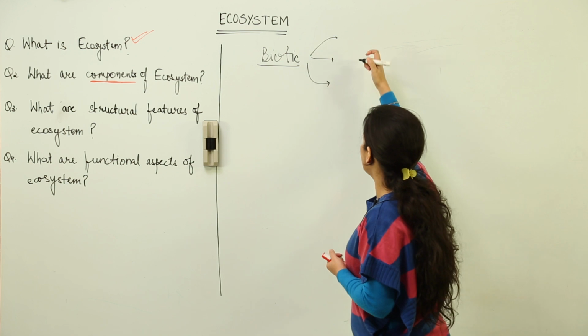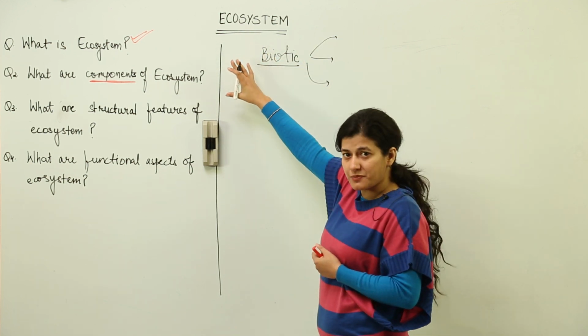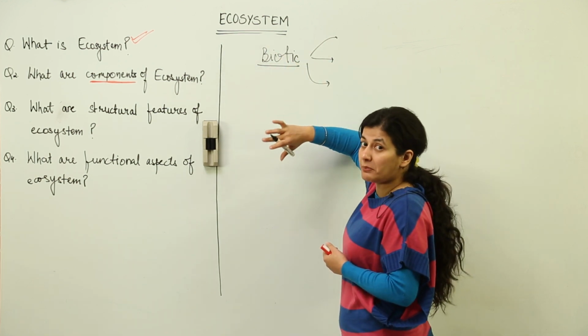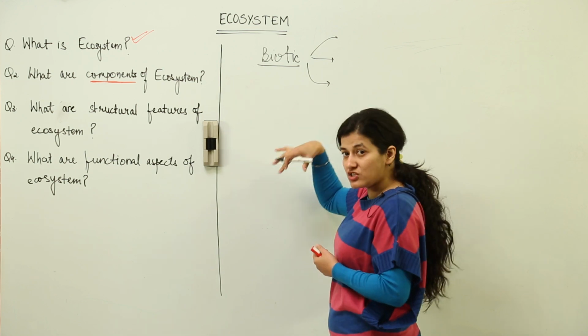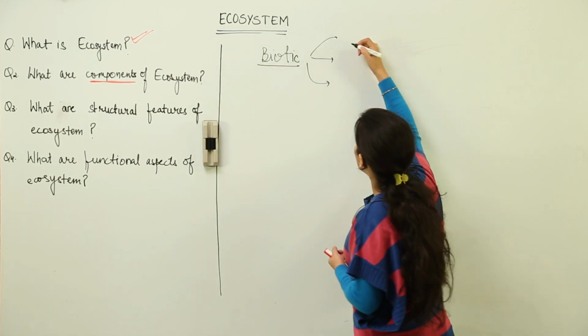Now how do we classify those living organisms? Because ecosystem functional aspects are such, we get a classification. Keeping in mind those functional aspects, we divide the biotic components into three parts.